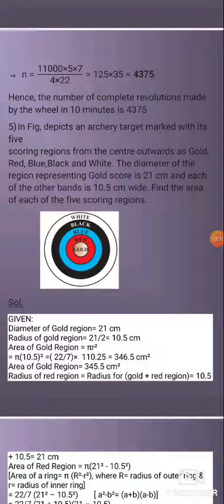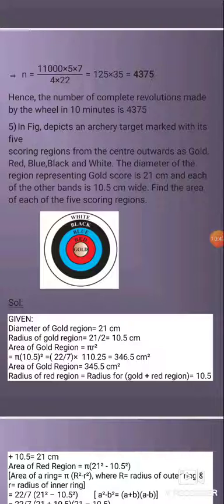Now the area of the red region is equal to the area of gold plus red minus the area of the gold, which is equal to pi into 21 square minus the area of the gold. Gold has a radius of 10.5. So pi into 21 square minus 10.5 square.